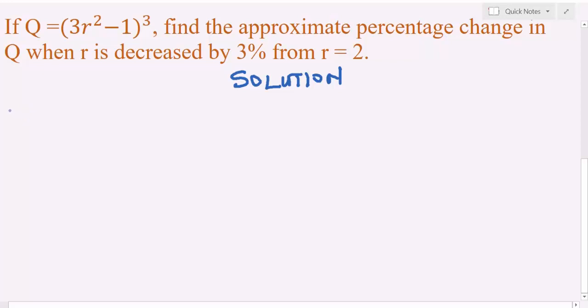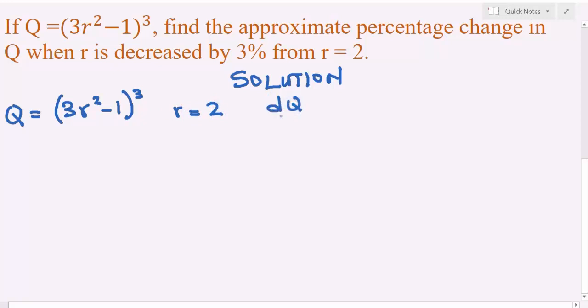We know that our Q is equal to, open bracket, 3R squared minus 1, all cubed. Our R is equal to 2.